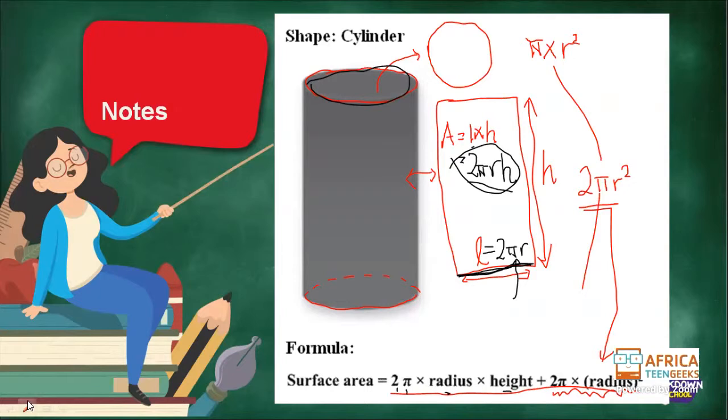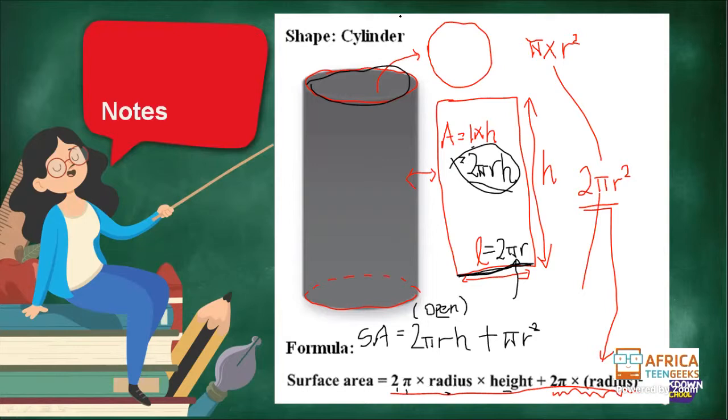If it's an open can, then your formula will be surface area equal to, remember the side will be there, 2 pi r h, plus, because there's only one circle that you can see and touch, plus pi r squared, if it's open. But if it's closed, then it's 2 pi r squared.